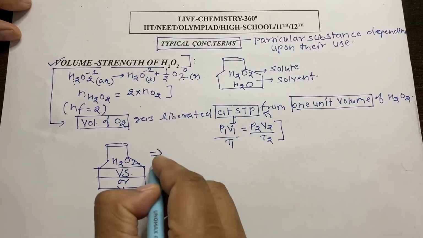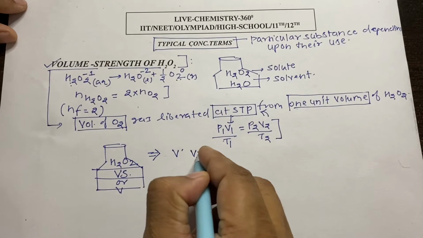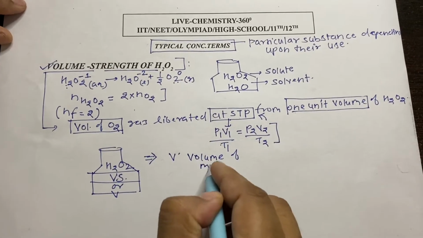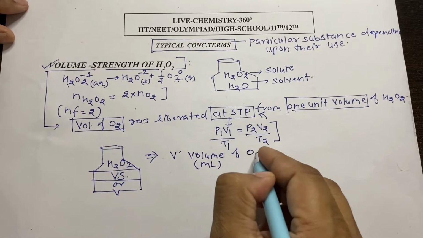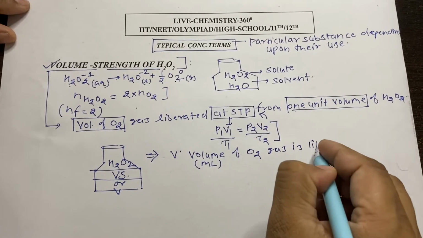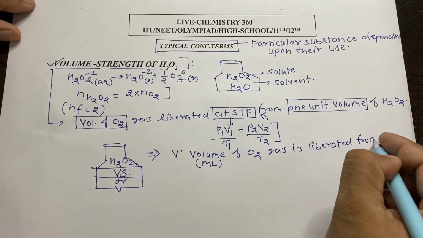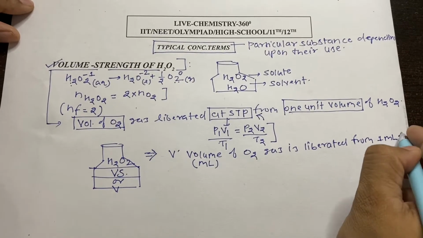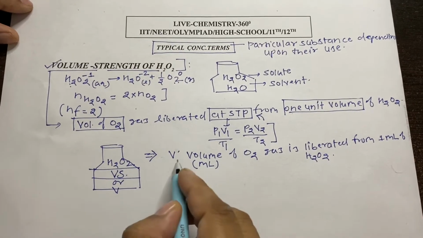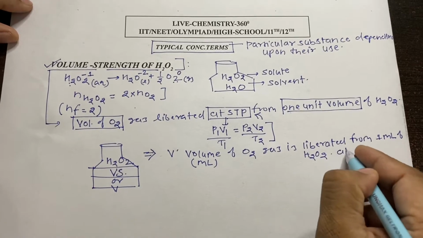We will simply decode this as V volume: V ml of oxygen gas is liberated from 1 ml of H2O2 solution at STP.